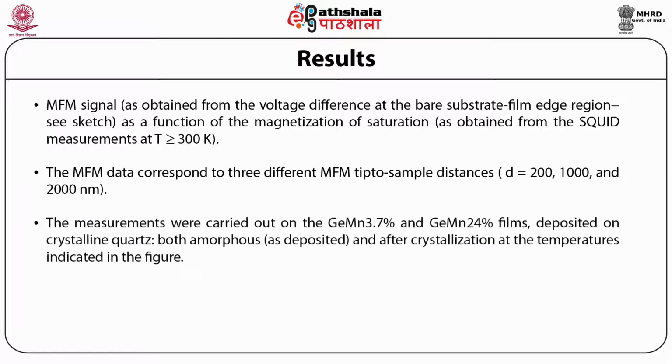The measurements were carried out on the GeMn 3.7% and GeMn, that is germanium manganese 24% films, that is either germanium manganese 3.7% and the other is germanium manganese 24% films deposited on crystalline quartz, both amorphous as deposited, and after crystallization at the temperature indicated in the figure.